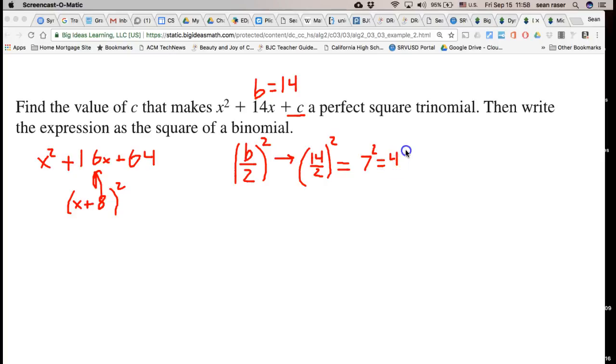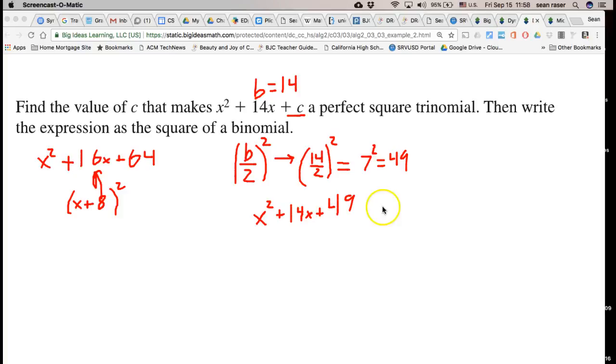That tells us that 49 is the value we would have to add to make it a perfect square trinomial. That would look like x squared plus 14x plus 49, and that is now a perfect square trinomial.